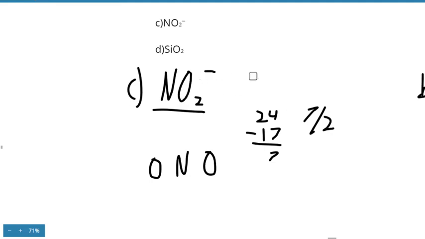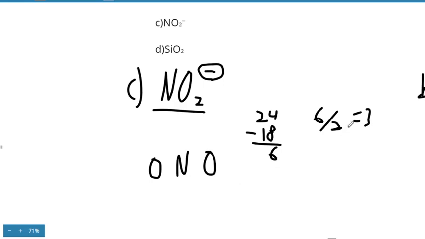So, you might have noticed the mistake I made earlier. We don't actually have 17 electrons in this compound. Because of this minus here, we have 1 extra electron. So we actually have 18 electrons. Now if we do this again, we get 6 shared electrons. 6 divided by 2 is 3.